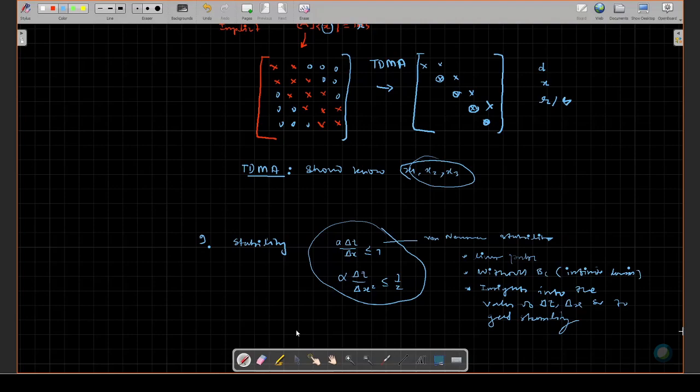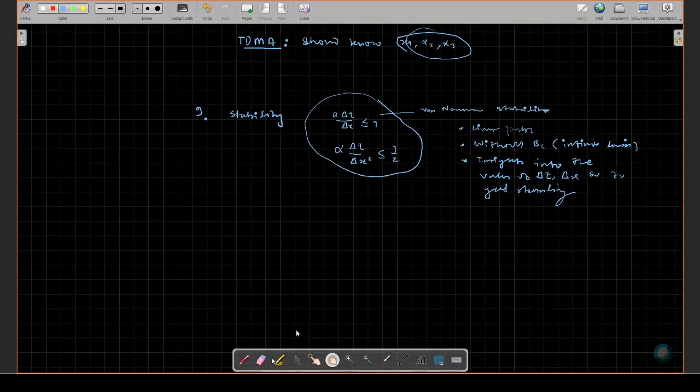Convergence means whether you can get a converged solution or not. Suppose you run that system and you want to get x1, x2, x3, whether you will get x1, x2, x3 or not depends upon the error in the system.